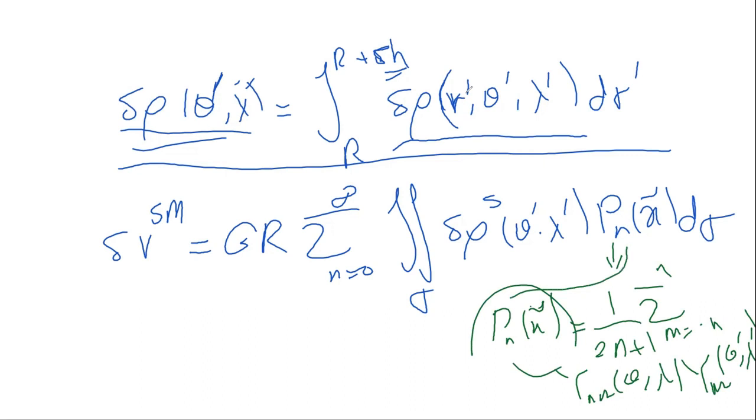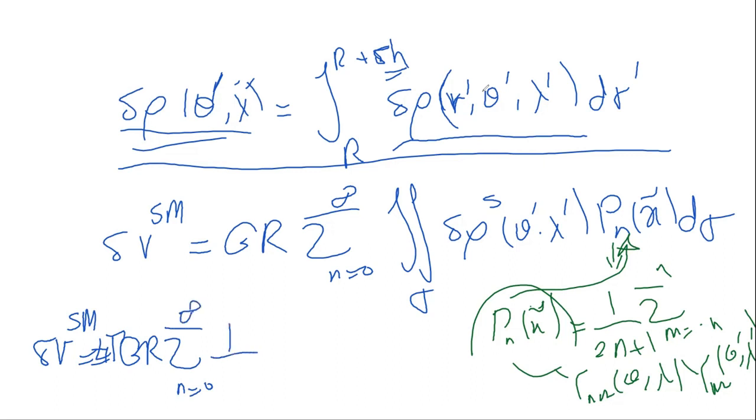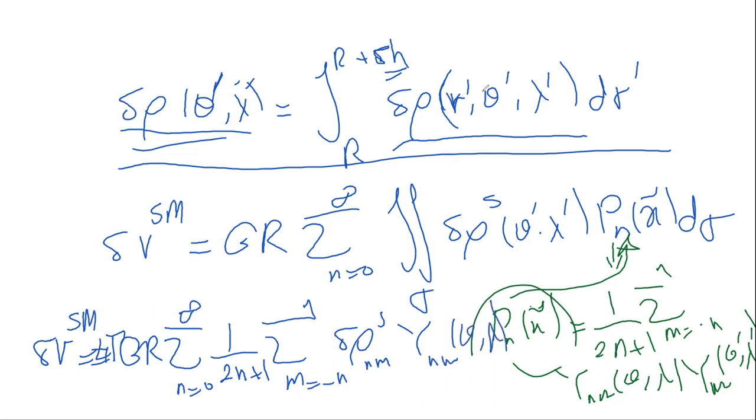If I insert this back inside this formula, I will get that the potential change due to changes in the density or surface density can be written in this spherical harmonic form: 4 pi G summation from 0 up to infinity, 1 over 2n plus 1, summation from minus n to n, delta rho_nm, the spherical harmonics of the surface density, Y_nm of theta and lambda.